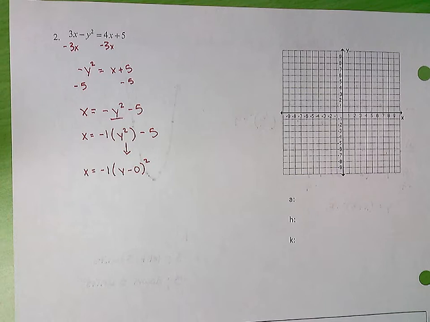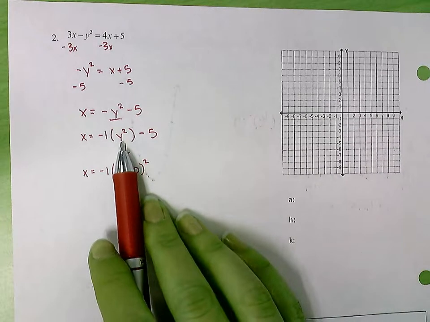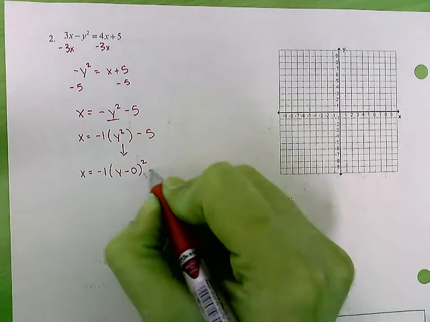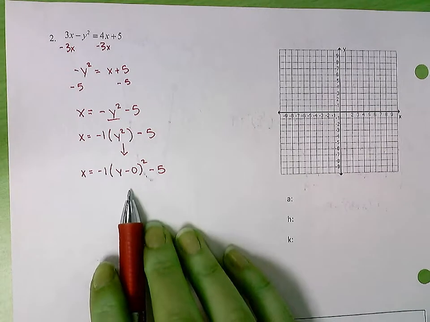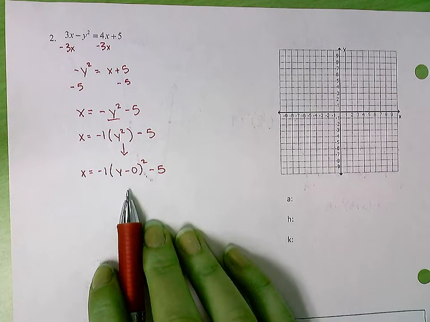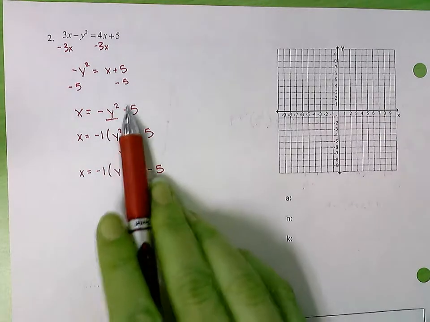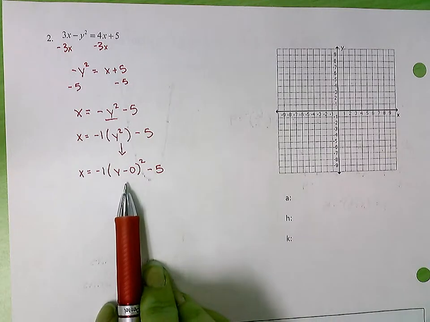If you don't have that middle term with just that y, for your standard form, you can take your variable and just subtract 0 and square it. Because if I were to FOIL that out, I'd just end up with y squared, and that's what I would want to end up with here. Now I still have this minus 5 on the outside. So this would be my standard form. So for this one, you didn't have to complete the square. You just had to realize you didn't have that middle term, so you could rewrite it this way instead.